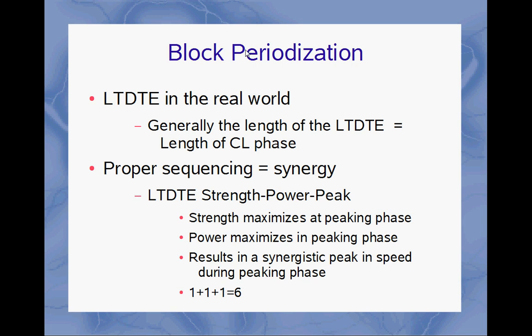So what we see is, rather than a 1 + 1 + 1 = 3, we kind of get a 1 + 1 + 1 = 6 training effect, because maximal strength, maximal power, maximal velocity are all peaked on game day or whenever we need to be at our optimal performance levels.